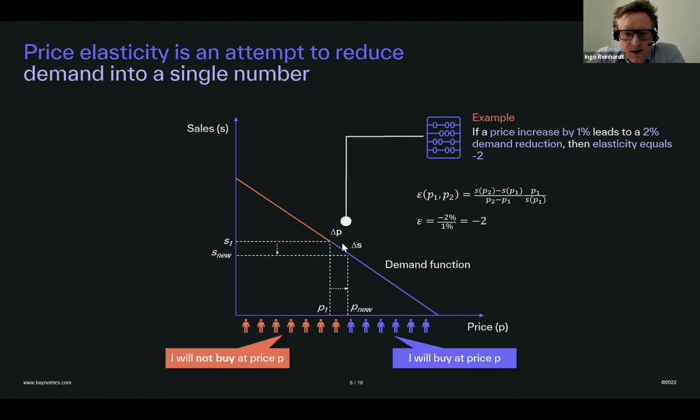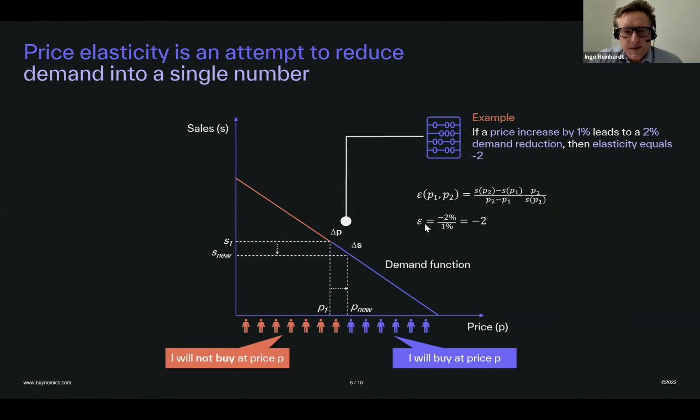If we are standing at a certain point, a price elasticity compares the change in price with the change in volume. So for example, if we change the price by 1% and we lose 2% in sales, that means we have a price elasticity of -2. So far so good. It's just the definition of the term.